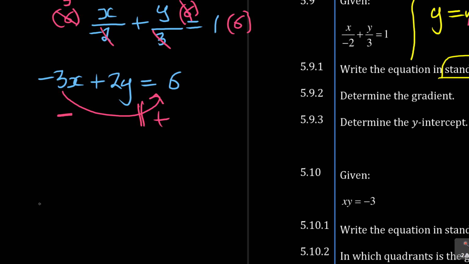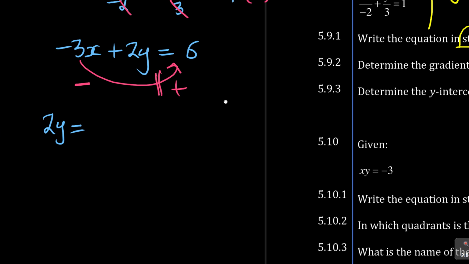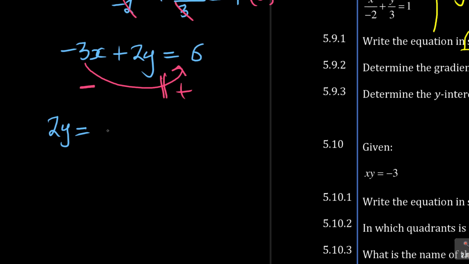So it will become 2y is equal to, since you are saying y is equal to mx, x must start. So here I'll start with negative 3x is now 3x, then plus 6 because it was a positive 6. Okay. Are you seeing that? But still we're not done. It's still having a 2 there. That 2 is a problem. You divide it by 2.